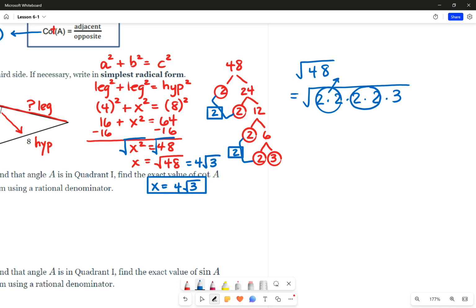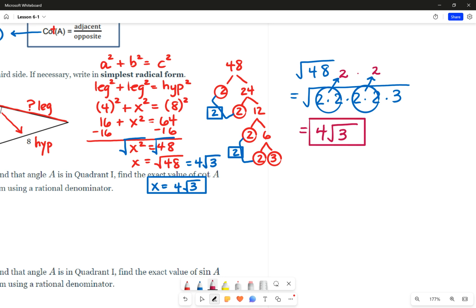This pair goes together, and they've got to leave, okay? Well, 2 times 2 is 4, and the square root of 4 is a 2. So when it leaves, it's just a 2. And this 2 times 2 is 4, but the square root of 4, when it leaves, is a 2. This 3 cannot go anywhere. So these 2 left, so they became a 4 on the outside, but the 3 stayed inside. So that's another way you can do it.